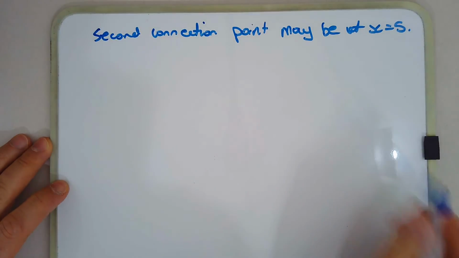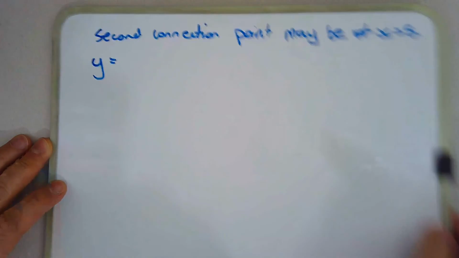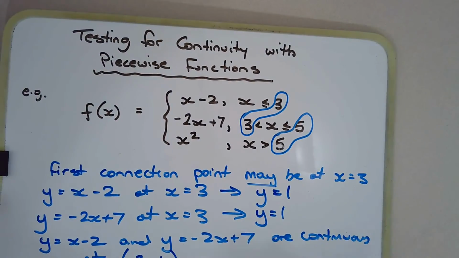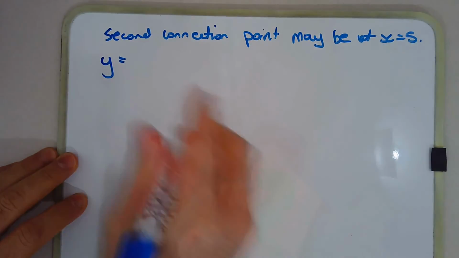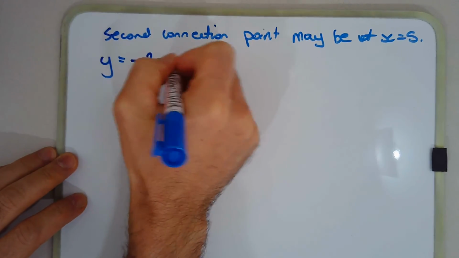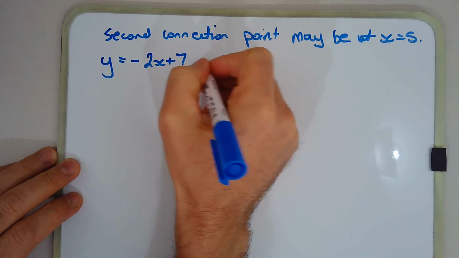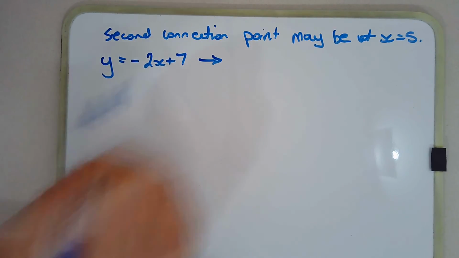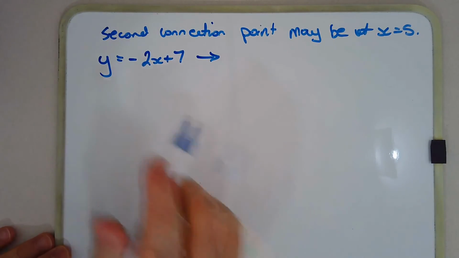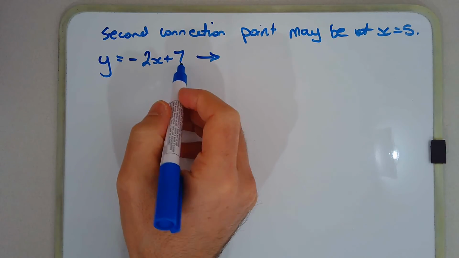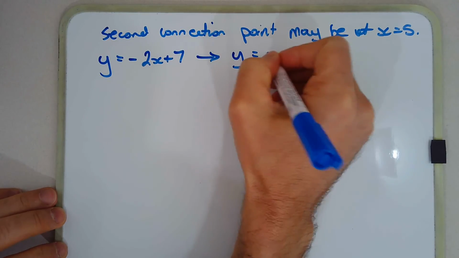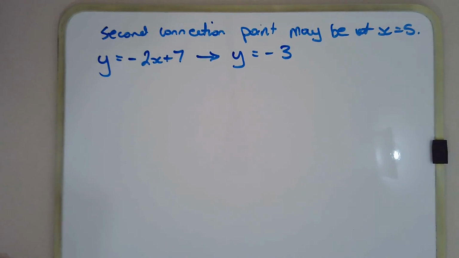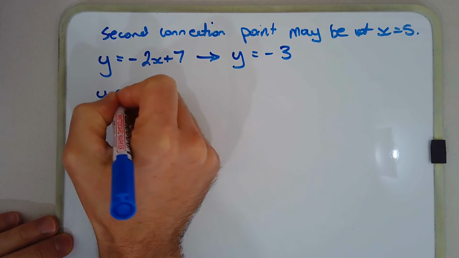So y equals negative 2x plus 7. If you substitute 5 into that equation, we get negative 10 plus 7, y equals negative 3. Now we have y equals x squared.